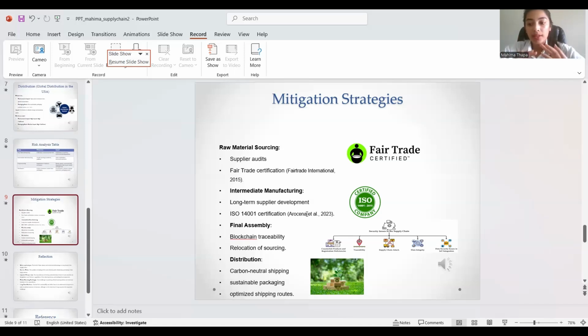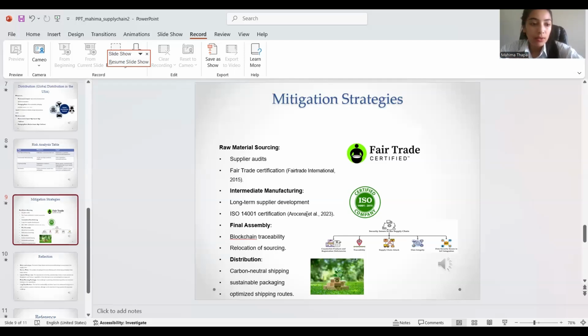Another example is how Nestle uses Starlink satellite technology to monitor deforestation in palm oil sourcing. And for shipping, companies can shift to carbon neutral logistics and eco-friendly packaging, which is very necessary. These two, I would say, are not perfect, but they might improve the oversight and build some accountability.